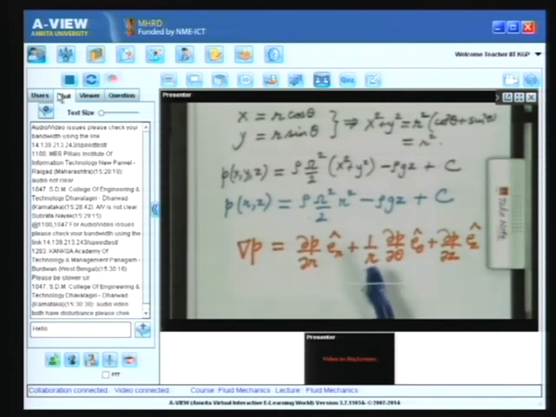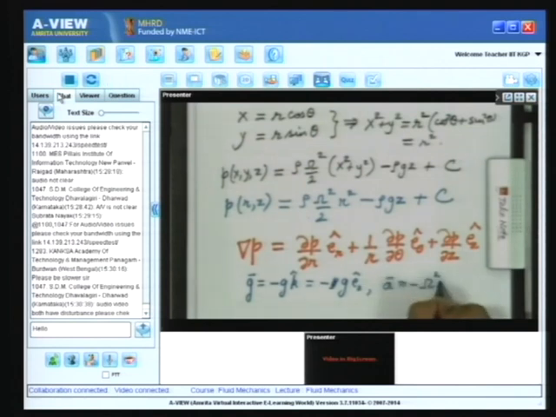Now, you can look at the r theta and z components of g minus a. Now, E z is the same as k. So, you have g is equal to minus g k, which is minus g E z, and you have the acceleration vector is minus omega squared r into E r.